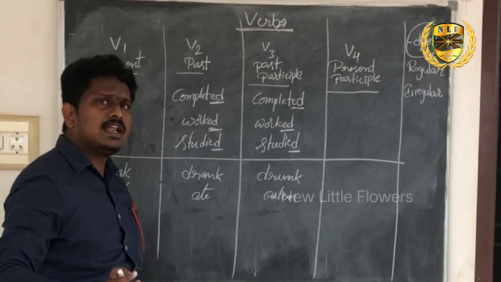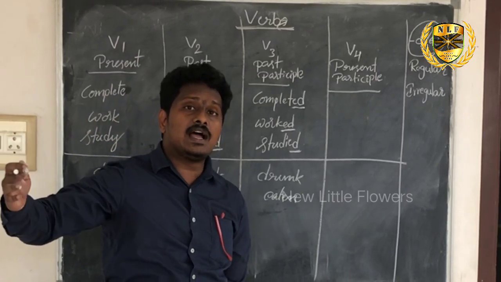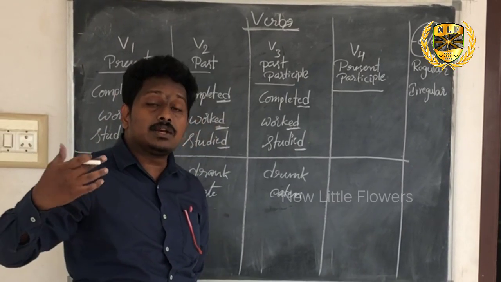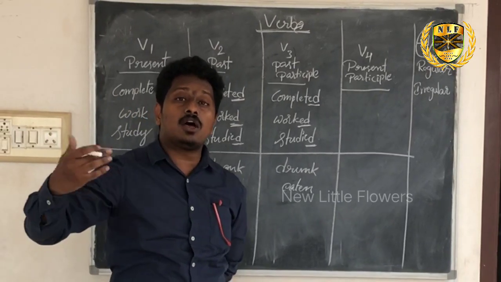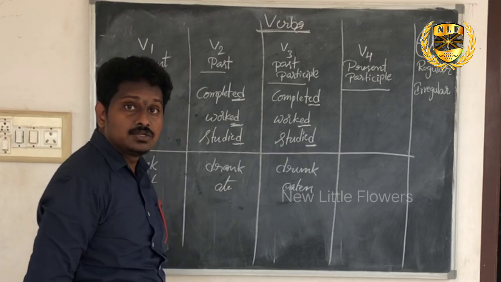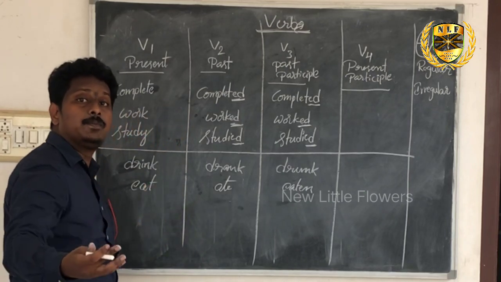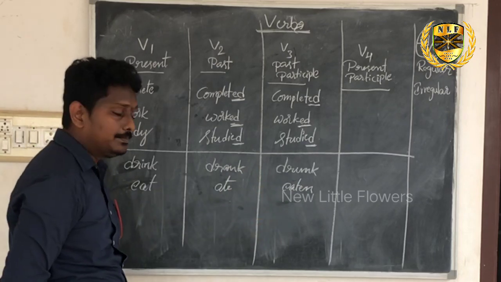Okay? In 8th class and 9th class English textbook, the last page has number of irregular verbs. Okay? There is a big list of irregular verbs in the last page of your English textbook of class 8 and class 9. So once have a look at that verb form so that you will know where to use what type of verbs.